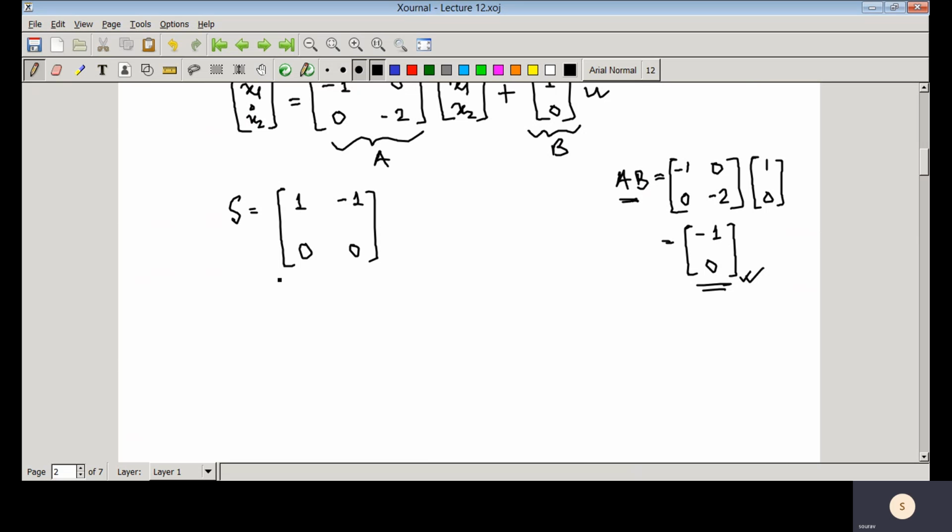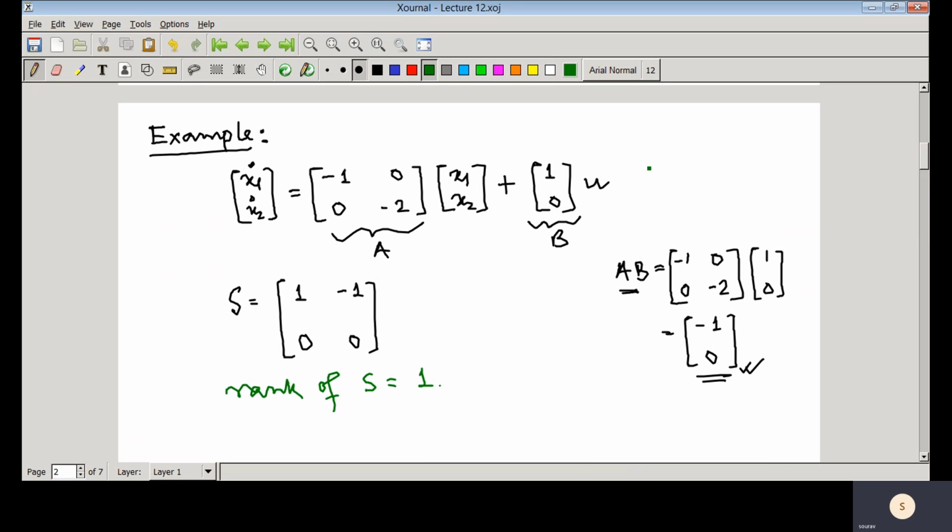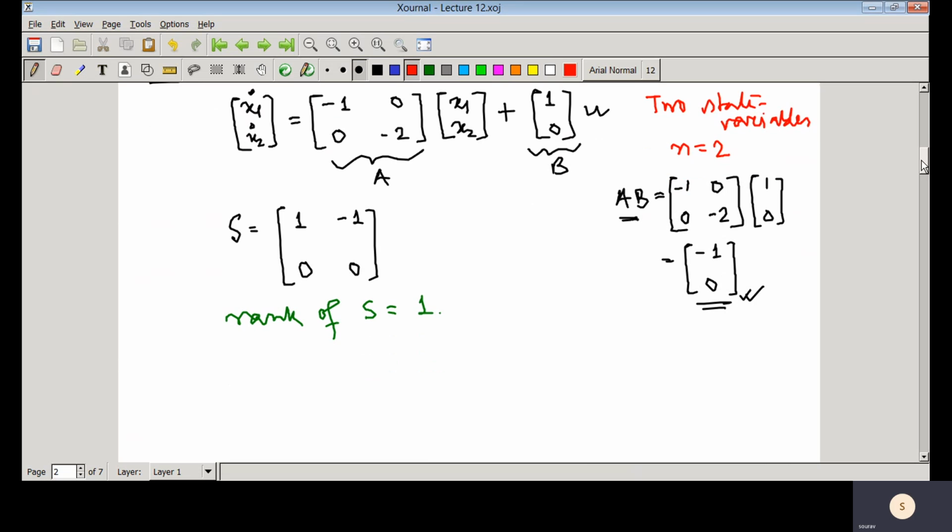So what is the rank? The rank of S equals 1. So it is a rank deficient matrix. Here how many state variables are there? You can see here 2 state variables, that means n equals 2, but the rank of S equals 1.